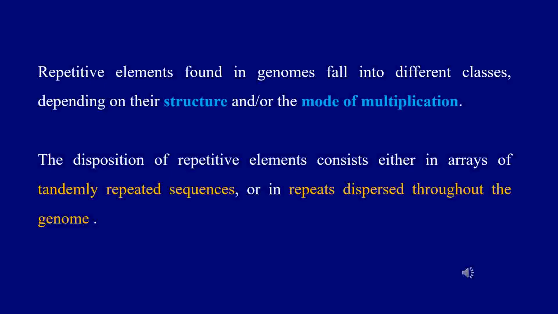Repeat sequences may be categorized into different classes based on their structure and mode of multiplication. The two major classes under these are tandemly repeated sequences and the repeats which are dispersed throughout the genome.